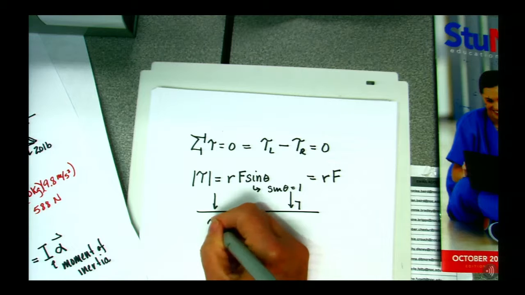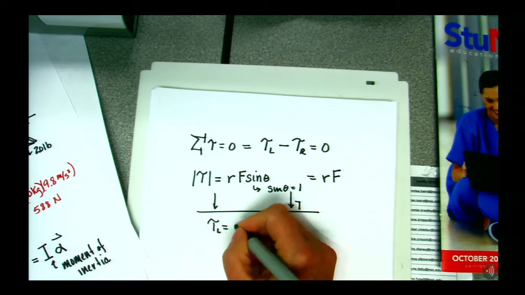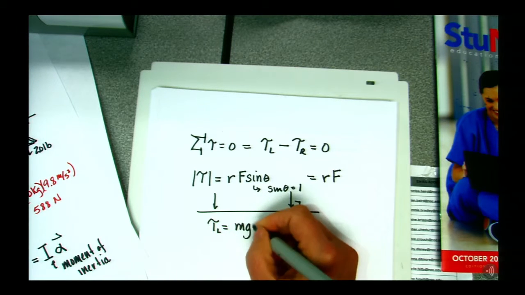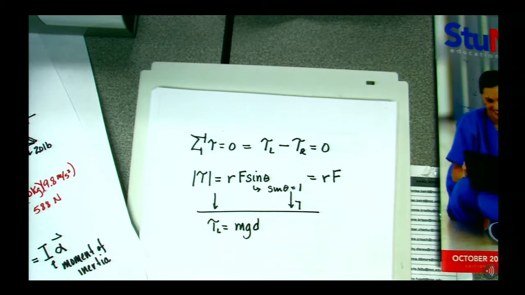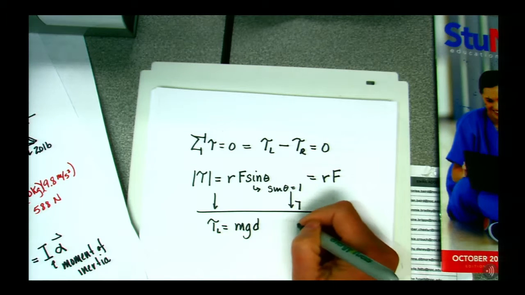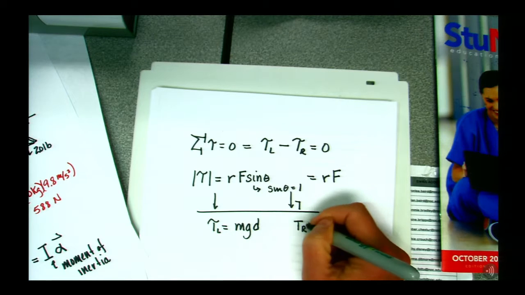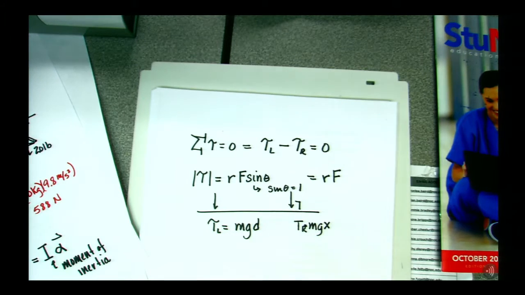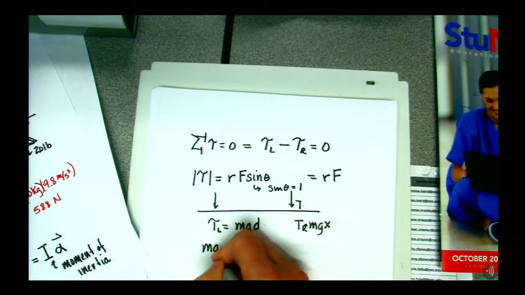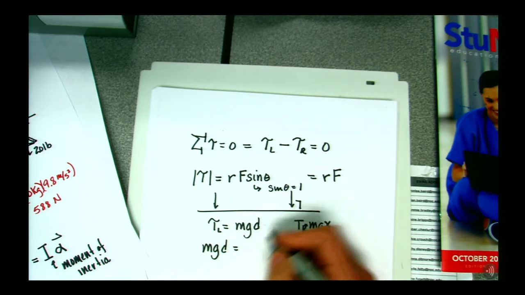So the torque on the left is going to equal mg times the distance away. The torque on the right is going to be mg times the distance we don't know. So mg times the distance is going to equal mgx.